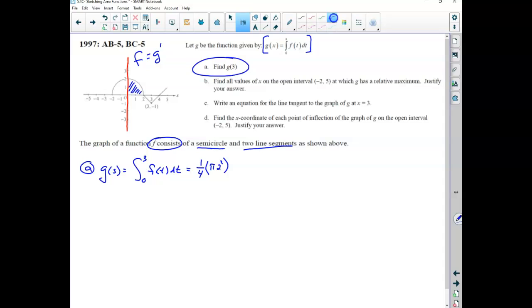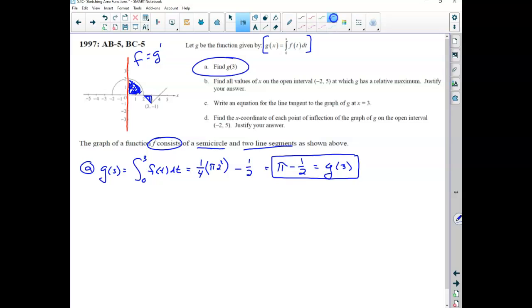And that is just that little bit minus this little bit right here, because I got to go all the way to 3. And that's going to say that's minus 1/2. Well, what is that going to give me? Well, 2 squared is 4, 1/4 of 4. That's going to give me pi minus 1/2 should be what my g of 3 equals. Okay? I used a quarter circle and a triangle to get that little bit there. All right? Well, that wasn't too bad.